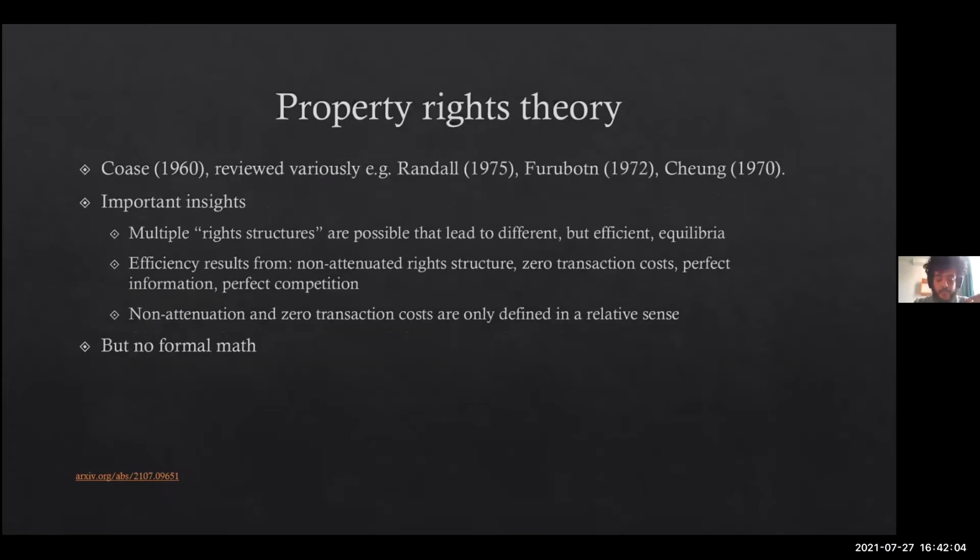So a particular field of theoretical economics, and this is more going towards the topic of my research, is known as property rights theory, which has to do with the concept of rights. And this concept has generally been discussed qualitatively.